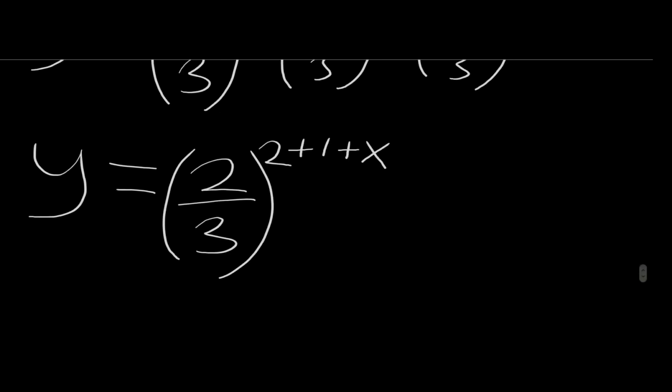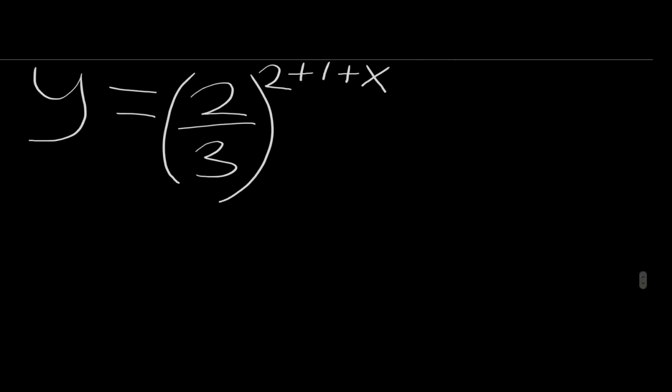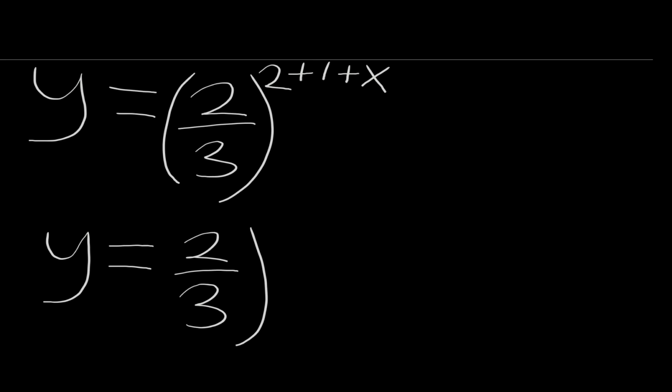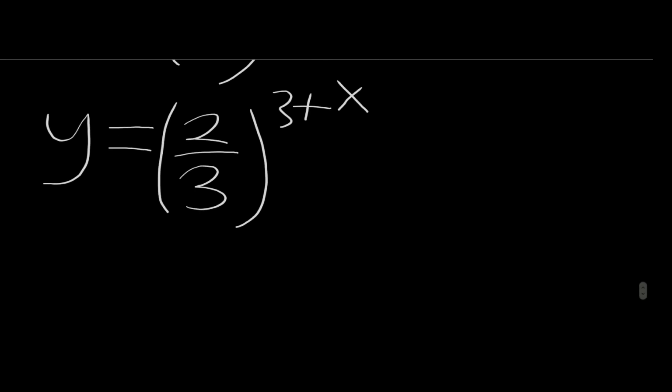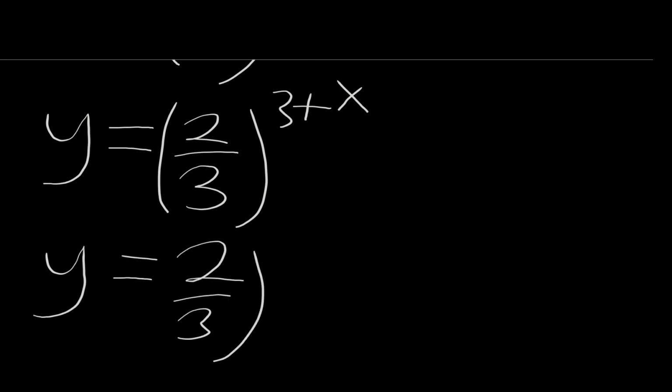Good. So what do we have? We now have y equal to 2/3 exponent 3 plus x, which is the same as y is equal to 2/3 exponent x plus 3.